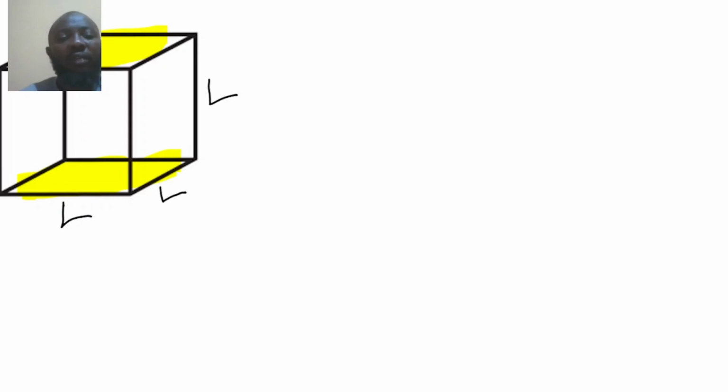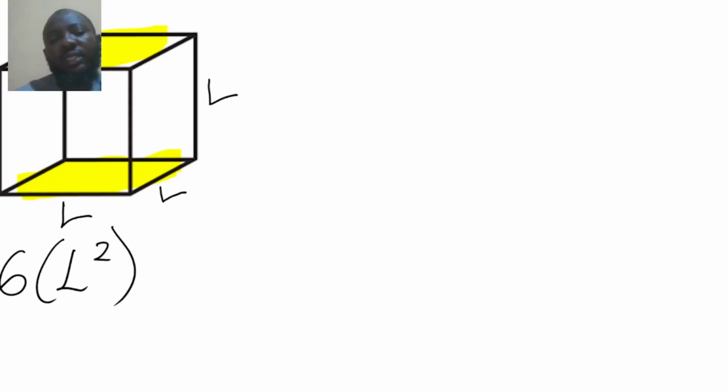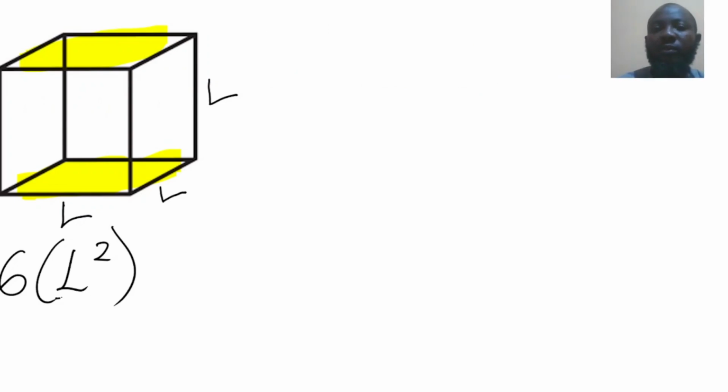Since this one has 6 faces as well, this is going to be 6 times L squared. So 6 faces. The area of each face is length times length, that is length squared. So the total surface area of a cube is 6L squared. I hope I'm making sense. So that is that on that one.